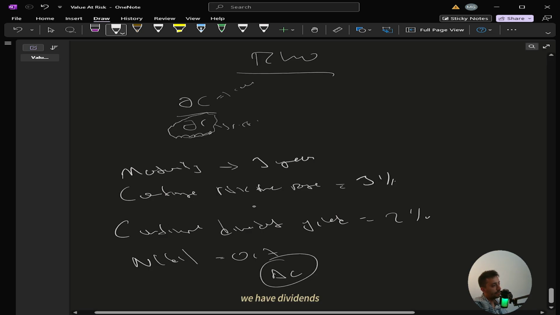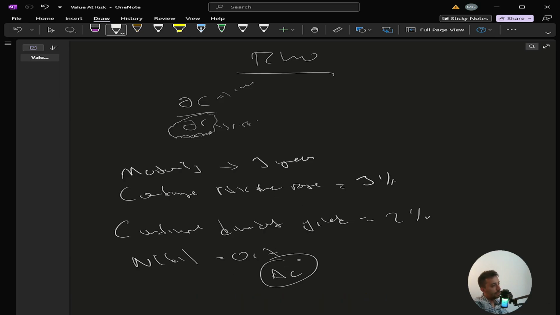We have dividends, we have the risk-free rate, we have maturity, and then d1. This is really easy, guys. I already gave you the formula: e to the power of minus dividend yield times T, times N of d1, where d1 is 70.